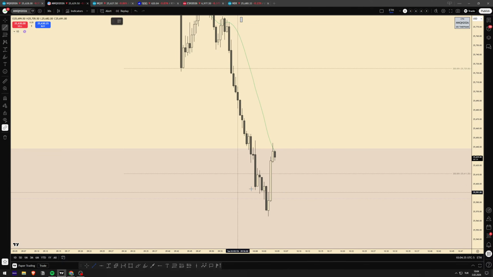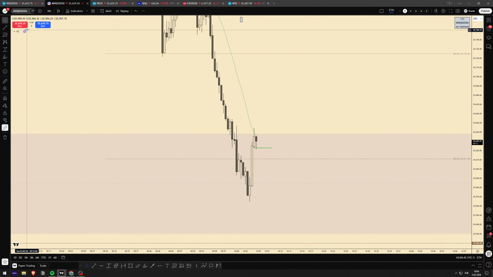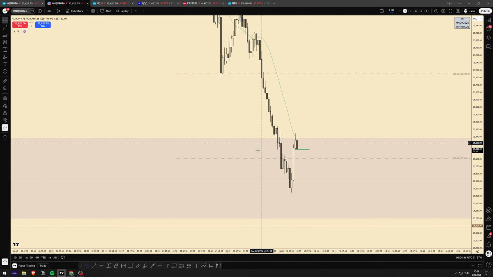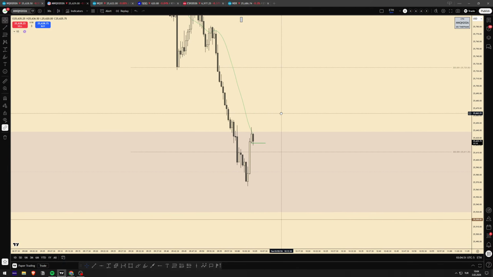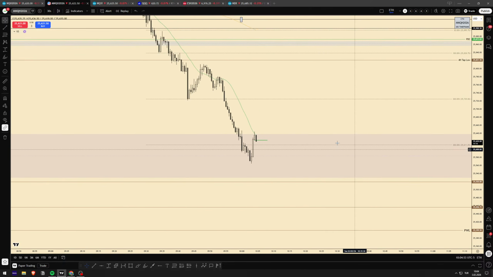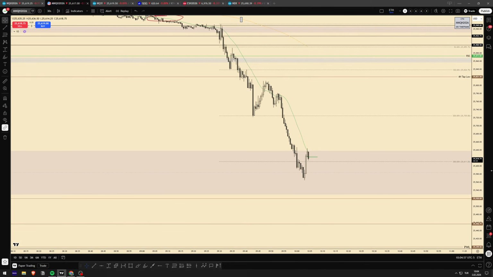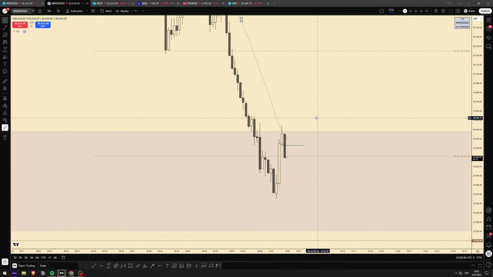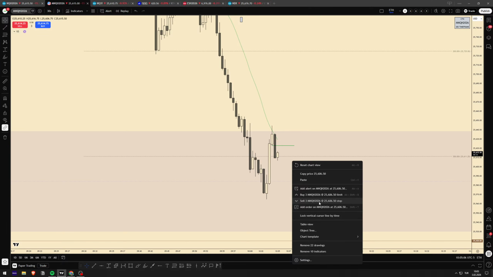I will observe this gap. I might look for a short setup over here. It will be a scalp short because we are really close to the lows. I mean, this has stopped.